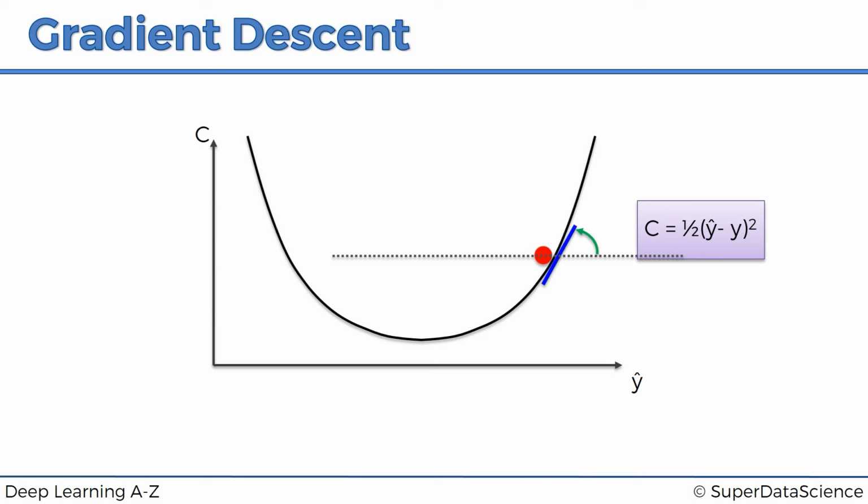This time the slope is positive, meaning right is uphill, left is downhill, and you need to go left. And you roll the ball down. And again, you calculate the slope and you roll the ball right. There we go. So that's how you find, in simple terms, the best weights, the best situation that minimizes your cost function.